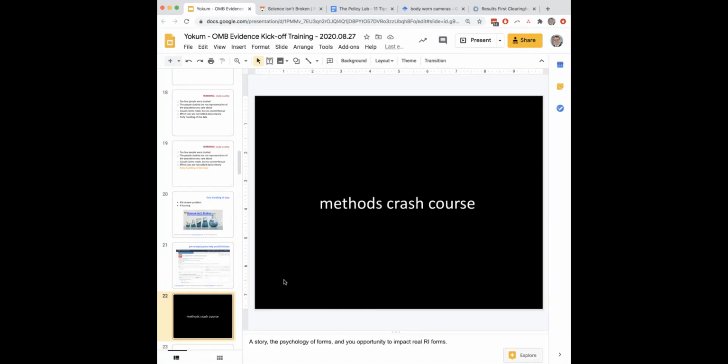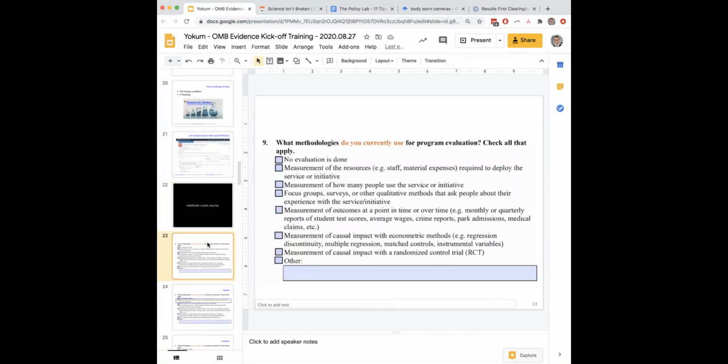So, a quick methods crash course on some of the methods that you're likely to see. And this is coming off of a question from the template around the types of methods you currently use for program evaluation. There's another question asking about which ones you might want to use in the future. They do roughly map to those types of metrics I was describing before.